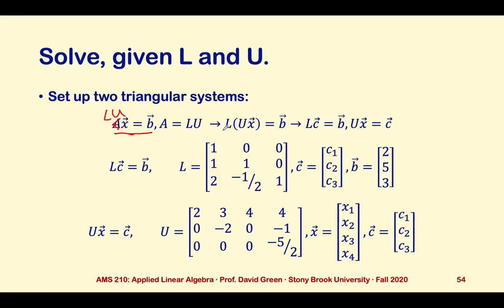That gives LUX equals B. If we isolate the U and the X, the UX can be replaced with C. And this gives us a pair of equations, LC equals B and UX equals C. Where L and U, because of their structure, are easy to solve, as we'll see in a moment.